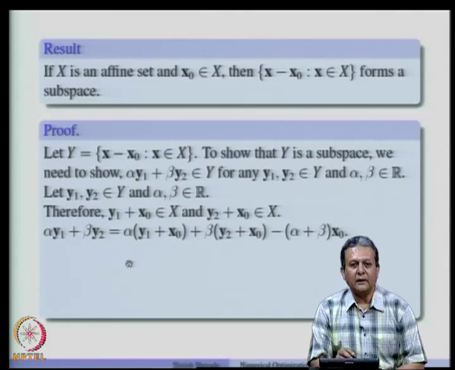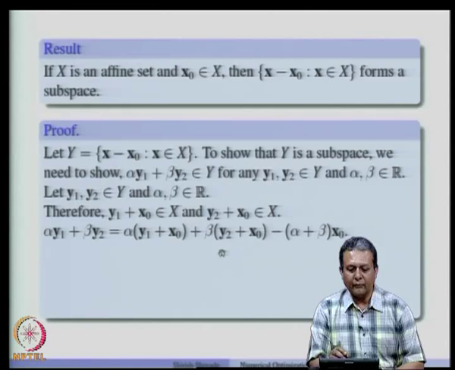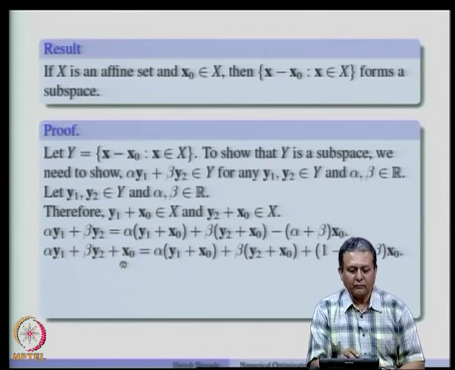Now, is this an affine combination of these vectors? Let us sum the coefficients which are here: alpha plus beta minus alpha minus beta. That is 0. So, this is not an affine combination of the vectors in X. To make it an affine combination, let us add x0.